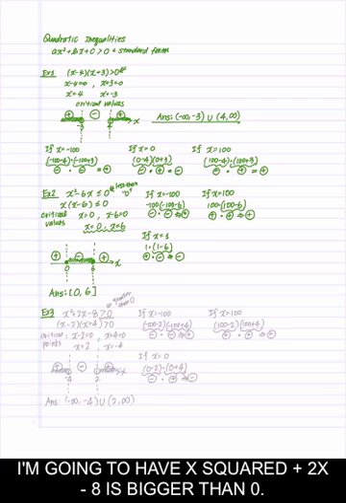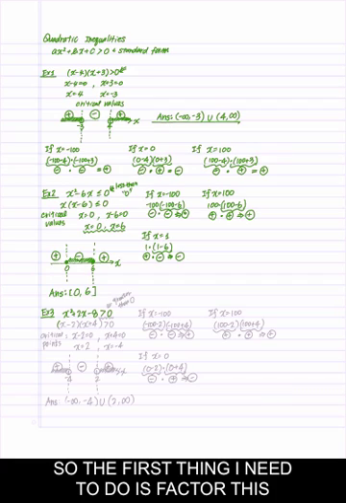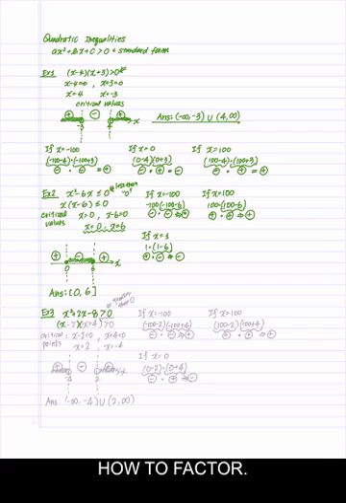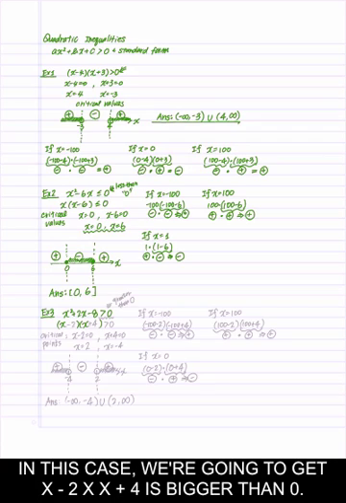I'm going to have x squared plus 2x minus 8 is bigger than 0. So the first thing I need to do is factor this. And you can factor however your teacher taught you how to factor. In this case, we're going to get x minus 2 times x plus 4 is bigger than 0.